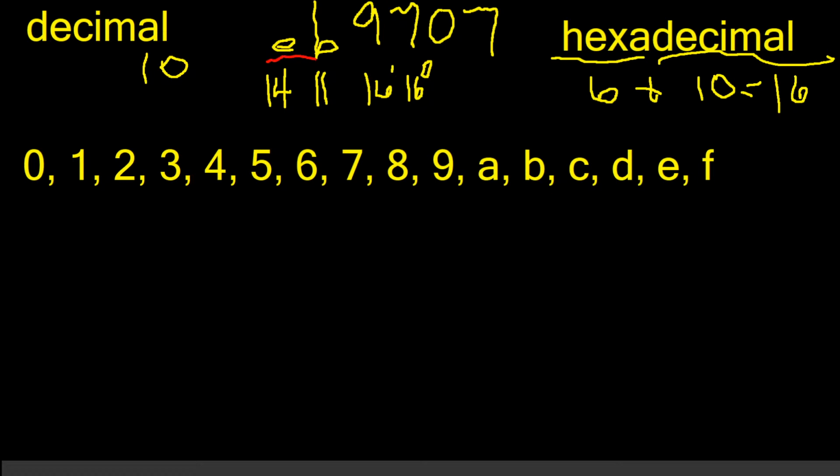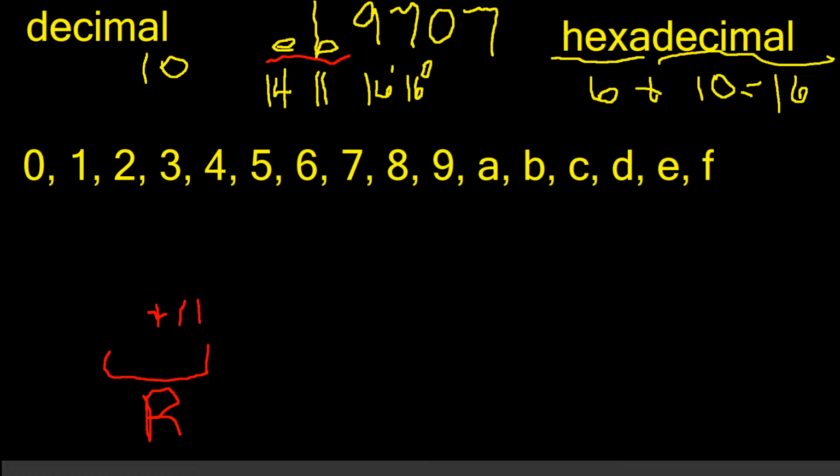Right? So our EB, that is our red value. So let's calculate our red value here. EB is our red value. So we said here that B is the equivalent of 11, and it is in the ones place. So 11 times 1 is 11. And we're going to add that to 14, which is in our 16s place.